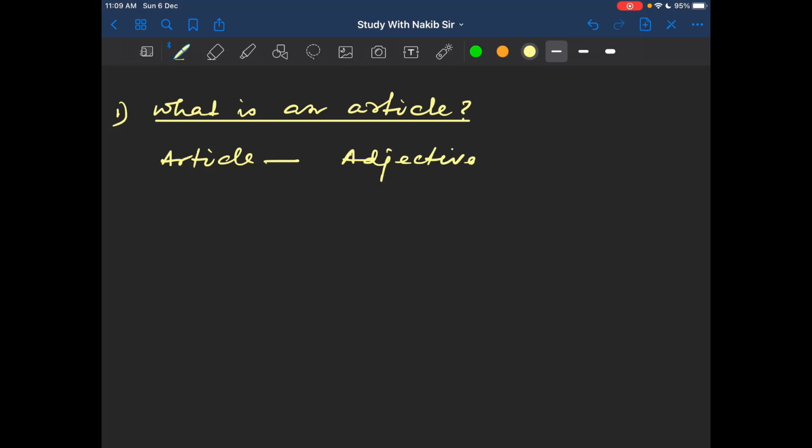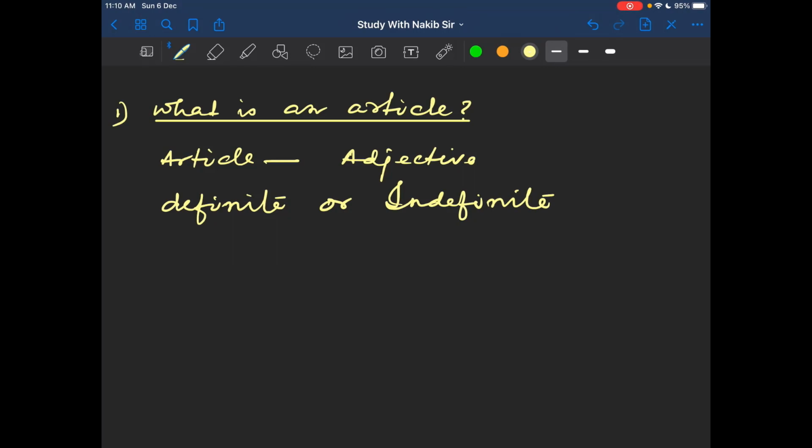This is a very simple definition of the article. It is an adjective and it will say whether a noun is definite or indefinite. Very simple definition.